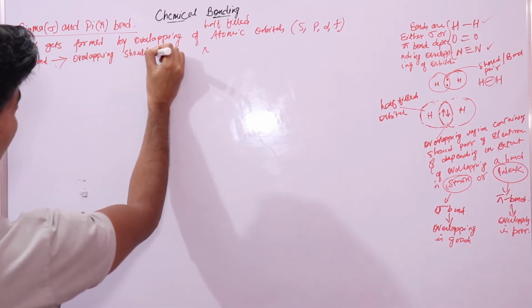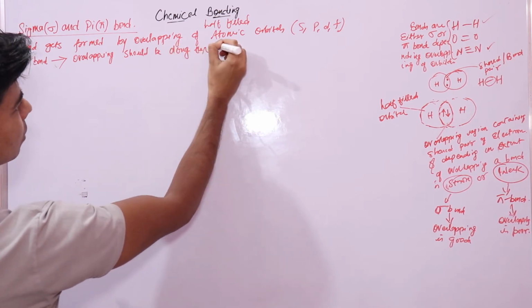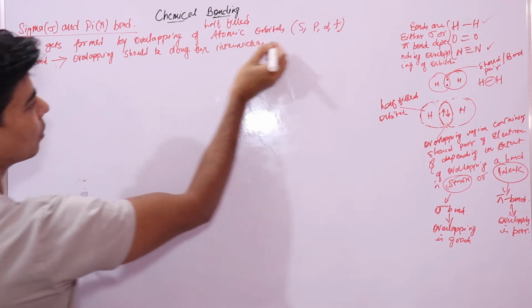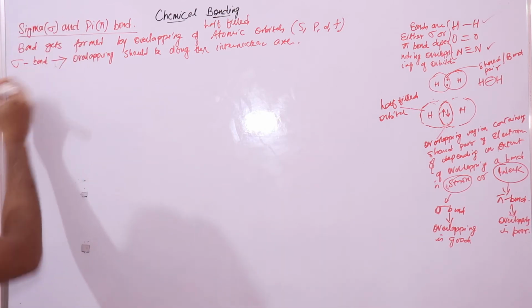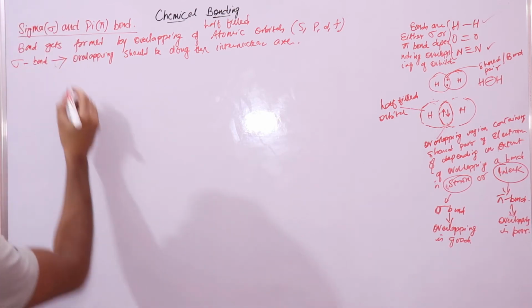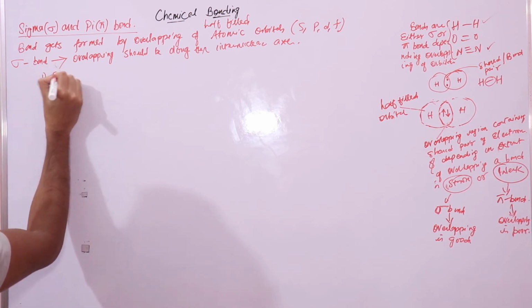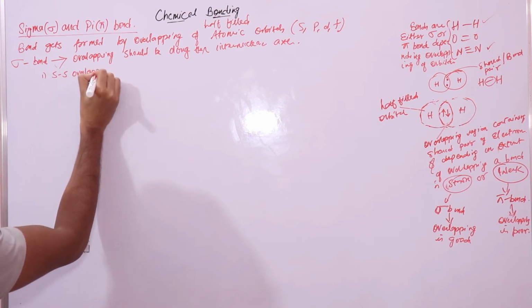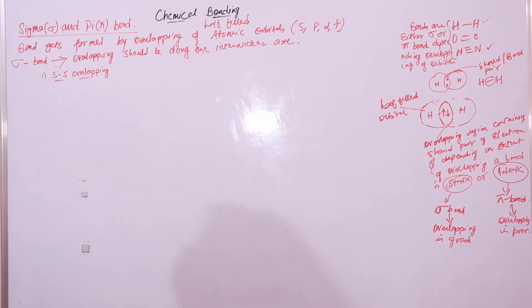So let's take some examples. First is your ss overlapping.